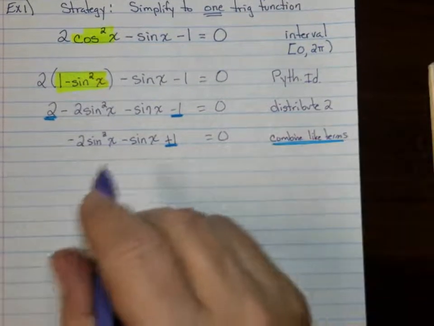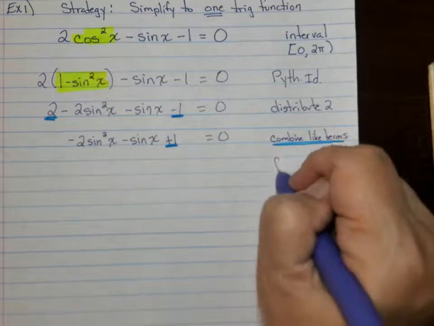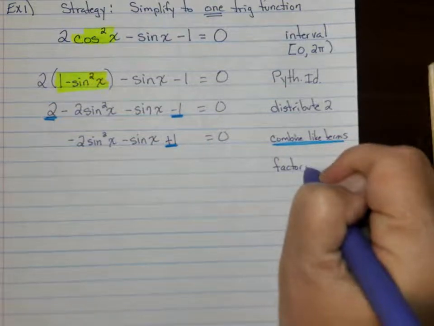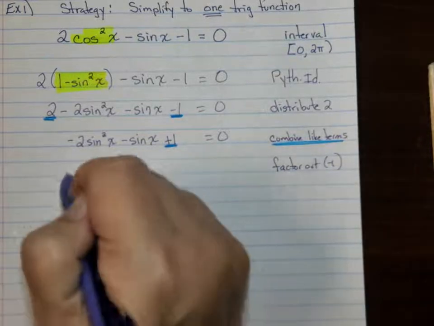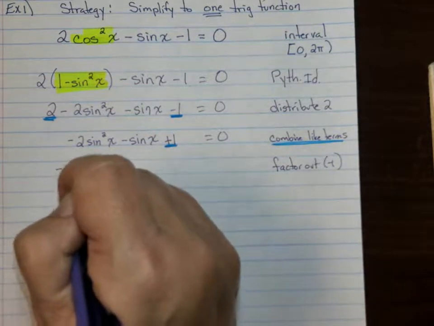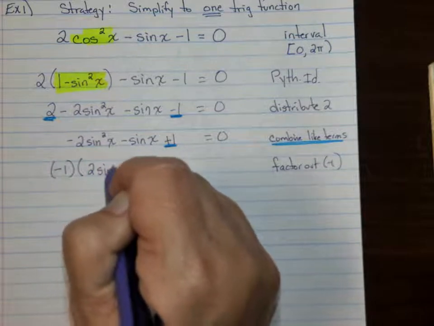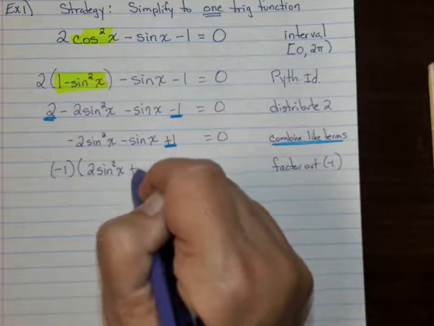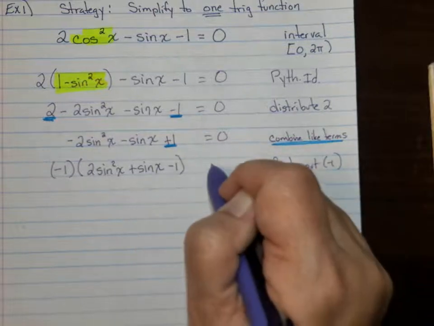Alright, and then we want to factor this, and the first part of the factoring is I'm going to factor out a negative 1 so that my leading coefficient is positive. So I'm going to have negative 1 times 2 sine squared x plus sine x minus 1.